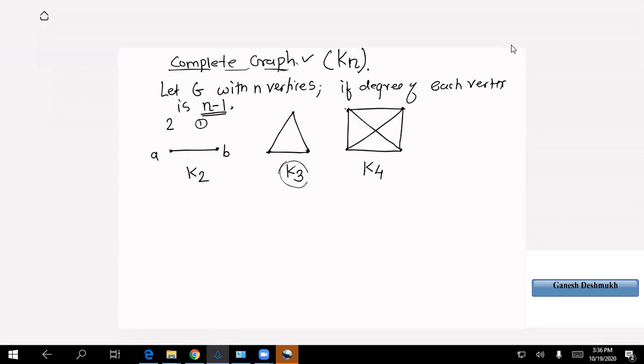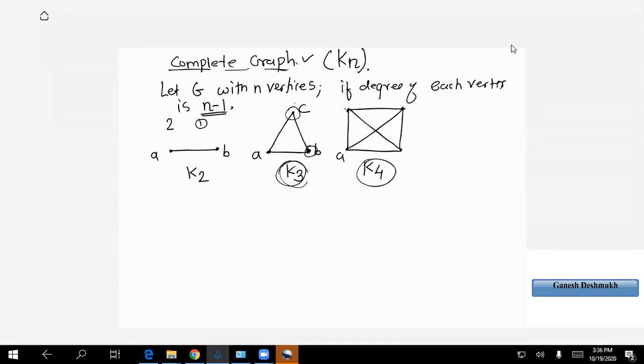Now I can also say the complete graph is a graph where every vertex is adjacent to every other vertex. Look at the complete graph K3. Suppose I name the vertices as A, B, and C. A is adjacent to the remaining vertices B and C. B is adjacent to the remaining vertices A and C. And C is adjacent to the remaining vertices A and B. Look at K4.